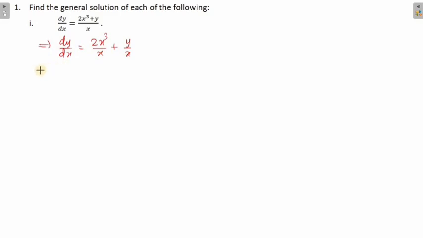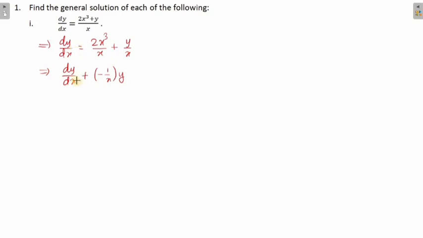When you take this out, you get dy by dx minus, write this as minus 1 by x into y. Obviously, when you bring it over you get minus y by x.